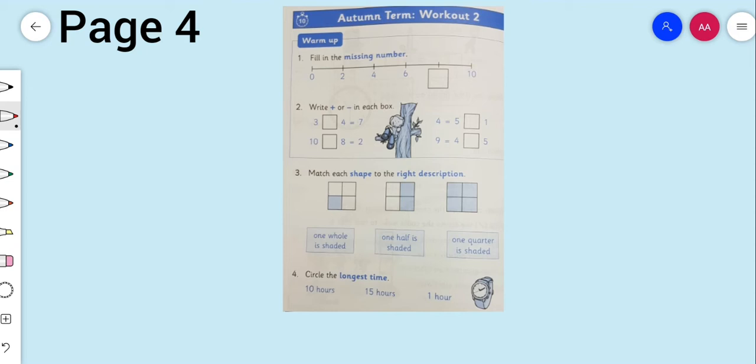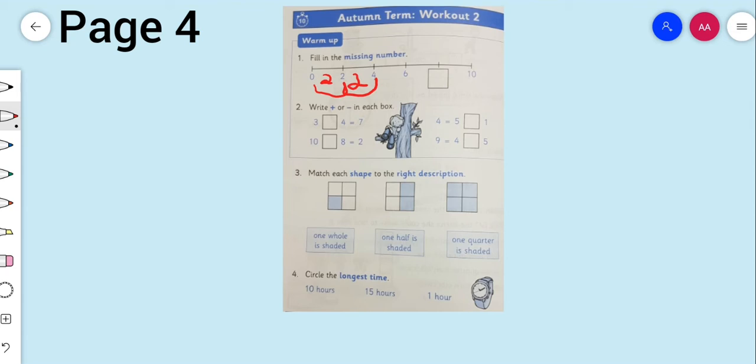So to solve what is missing, we're going to see what is the difference between the 0 and the 2 here. So between the 0 and 2, the difference is 2. And then we're going to see what the difference is between 2 and 4. 2 plus 2 is 4, which means the difference is 2 here.